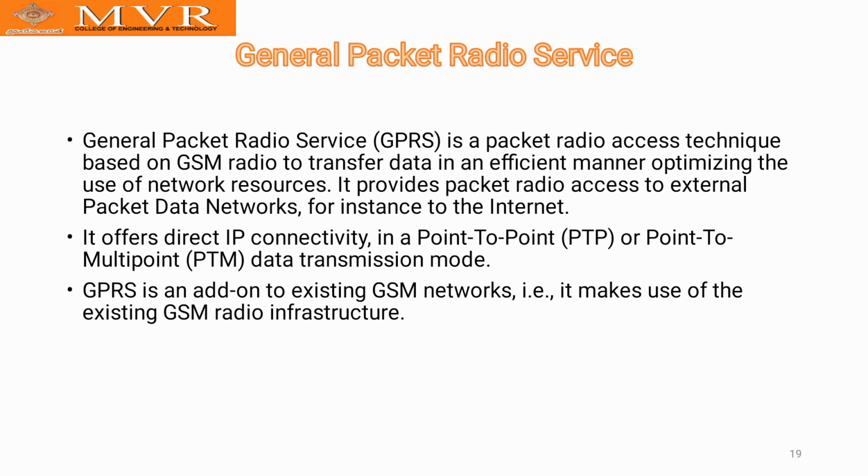GPRS is an add-on to existing GSM networks, that is, it makes use of the existing GSM radio infrastructure. So GPRS mostly uses IP connectivity, in point to point or point to multipoint data transmission mode.